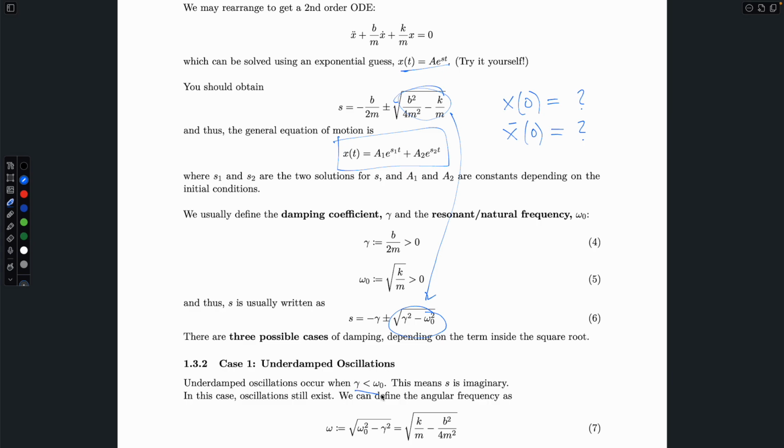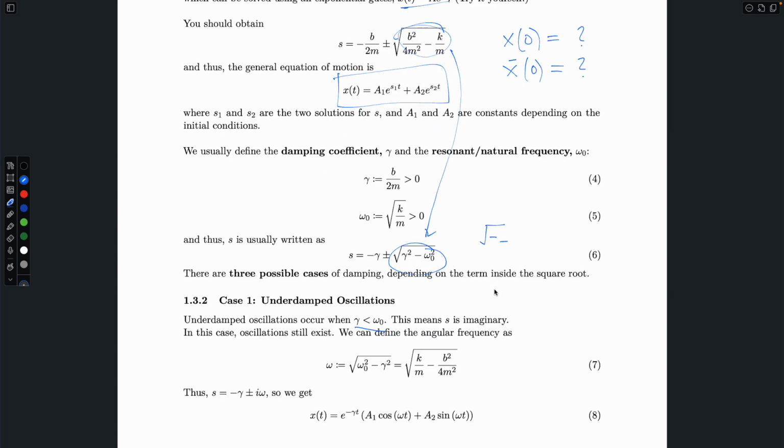So if gamma is less than omega naught, you actually get a square root of a negative number, so this term will be imaginary. And when it's imaginary, that doesn't mean that the physical system will explode. It just means that you'll still get oscillations.